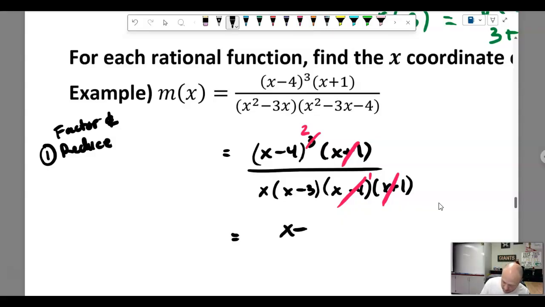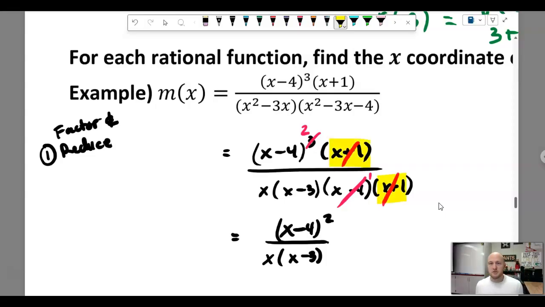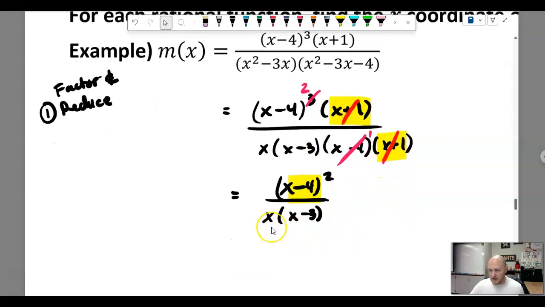So here's our reduced expression: x minus 4 squared, x over x minus 3. I want to be clear here, you would have a hole at x equals -1, and you're going to have a hole also at x equals 4, because I had shared factors top and bottom, okay? Now, what's left over in my denominator? Well, if I set my denominator, x times x minus 3, equal to 0, we get 2 zeros.